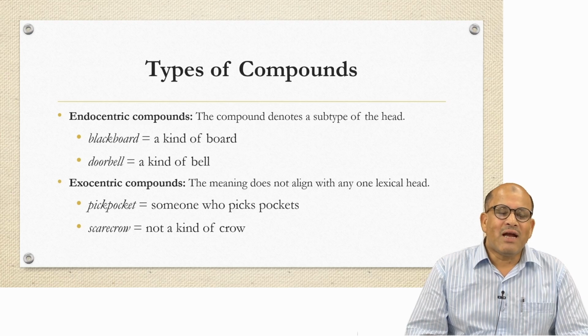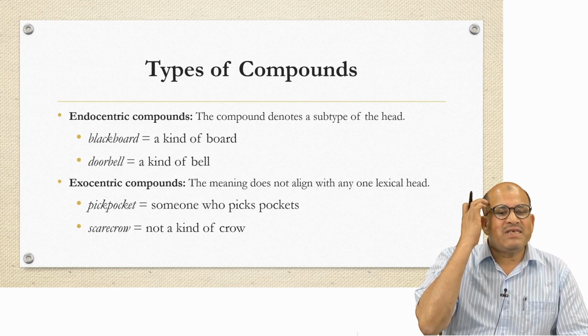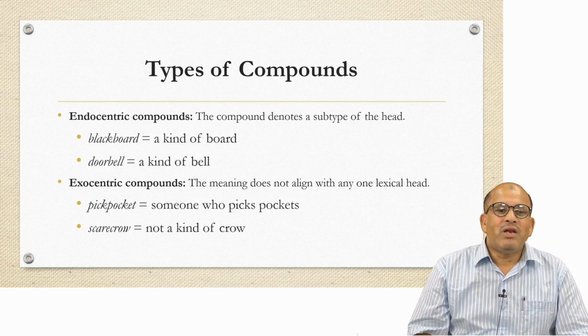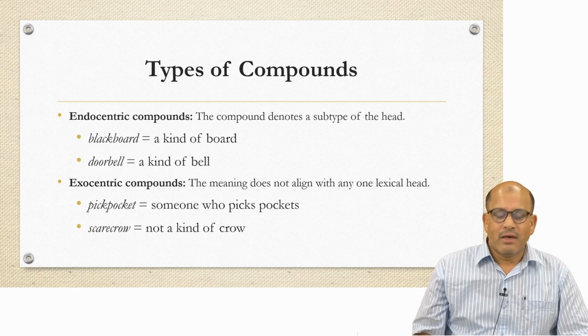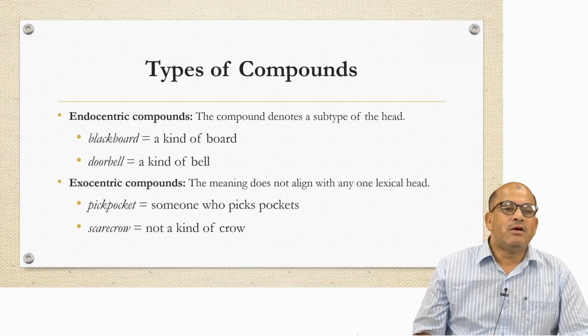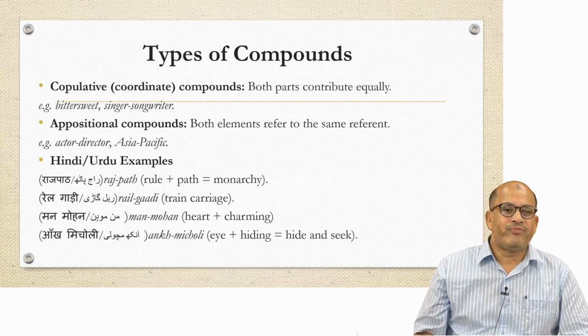So it could convey a completely different meaning. When we say pickpocket, someone who picks pockets, and then a scarecrow, not a kind of crow. The combination conveys a sense in exocentric compounds.